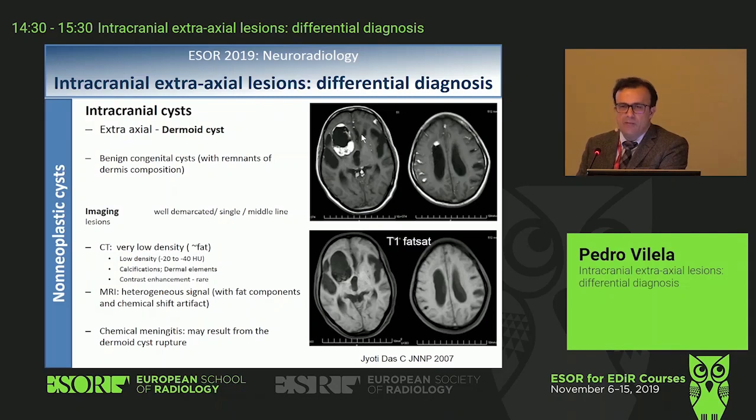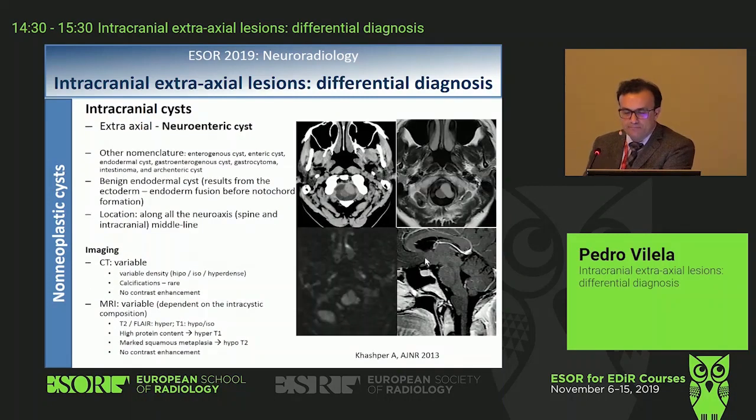These have some possibility to rupture and have a chemical meningitis, as you see here, with all the components of the cyst in the subarachnoid space. So the key point here is to look at the presence of fat, and you do that confirming with the fat sat or looking in the CT to the fat density.